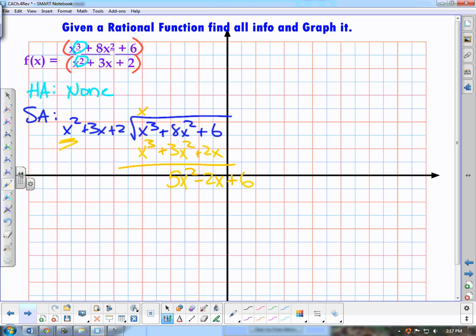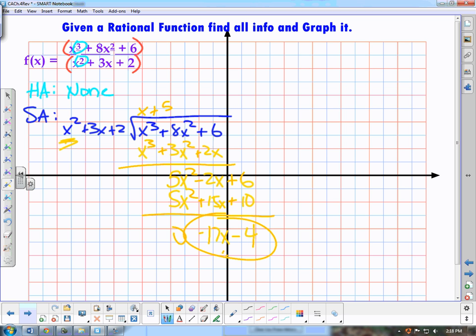Then what times x squared gets you 5x squared? That would be plus 5. 5x squared plus 15x plus 10. Draw our line and subtract again. That's 0. That's going to be a negative 17x minus 4. Now x squared doesn't go into a negative 17x, so this would be your remainder.